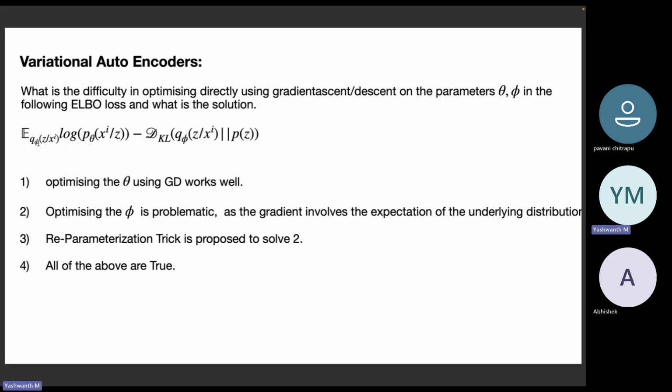So we can't just take the gradients inside to the log. It doesn't work. To solve this problem, the authors have proposed something called the reparameterization technique. So all the above three reasons are in fact true.